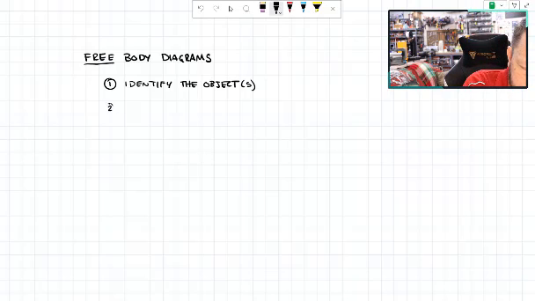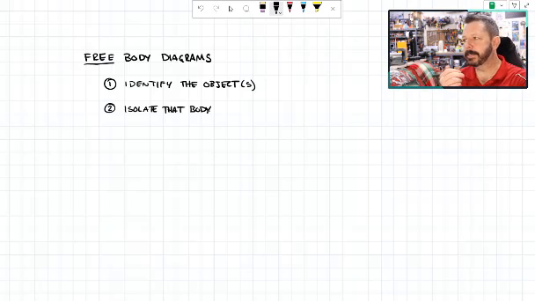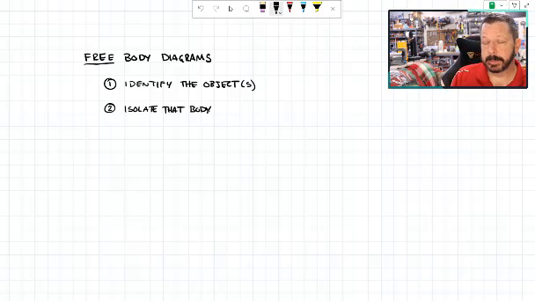So I'll actually put step two as isolate that body. Isolate it means you're conceptually taking it away from all the things that it's touching in the real world, and you're putting them on the paper so that you can draw all those connections.